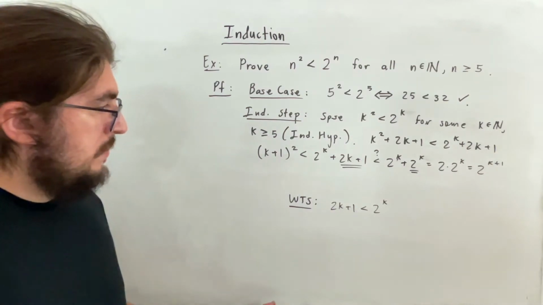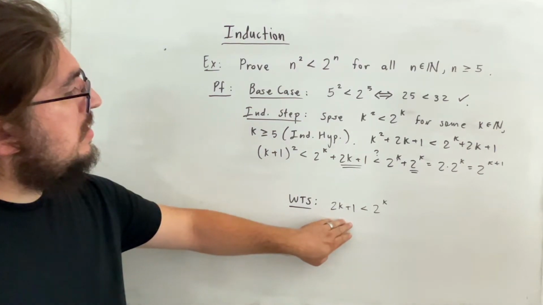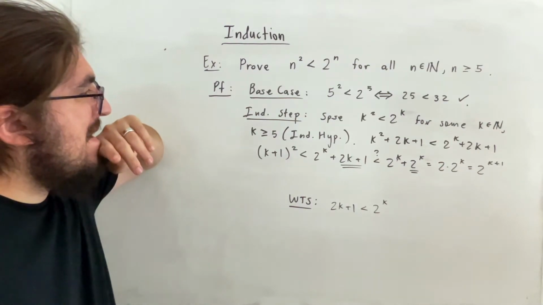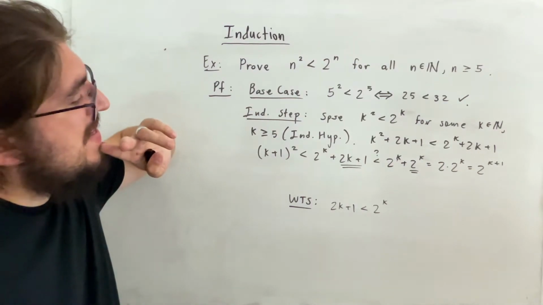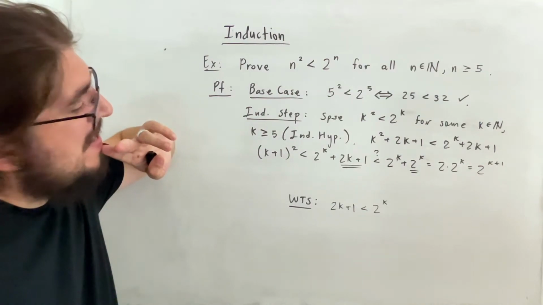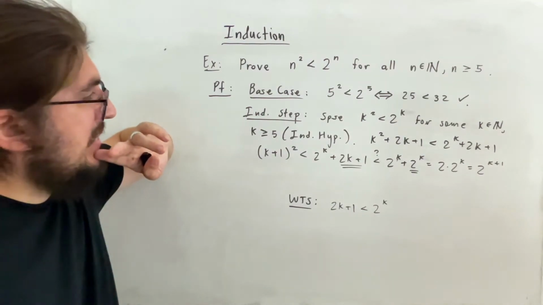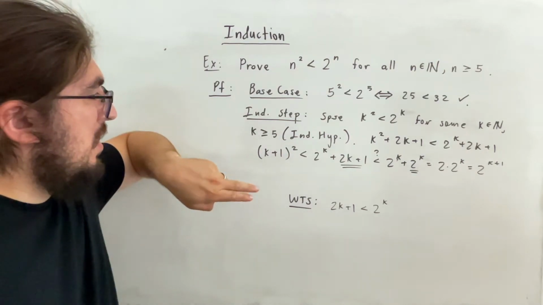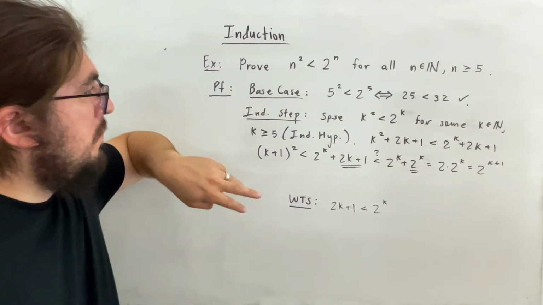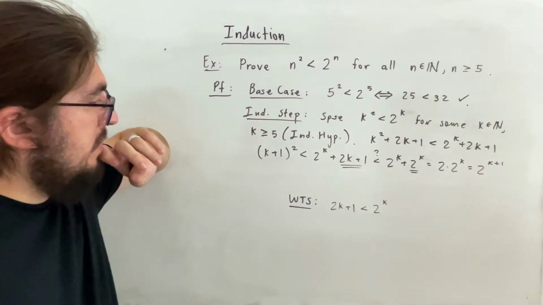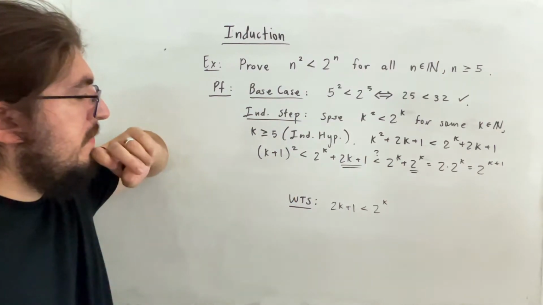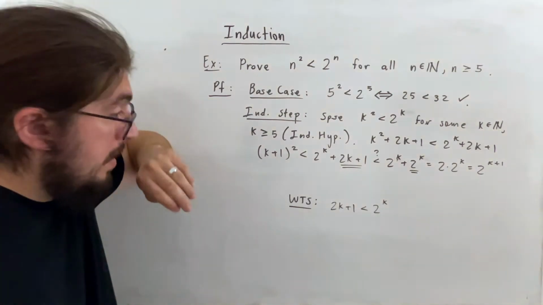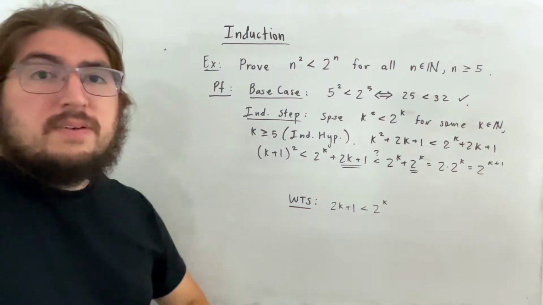Well, let's see. Isn't that just our induction hypothesis, kind of? Well, not really, because there's no square there. Maybe this is actually easier to show. I don't know if it's obvious or not, but it's definitely easier to show.